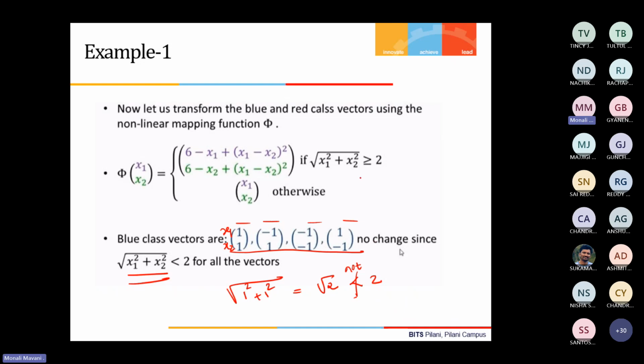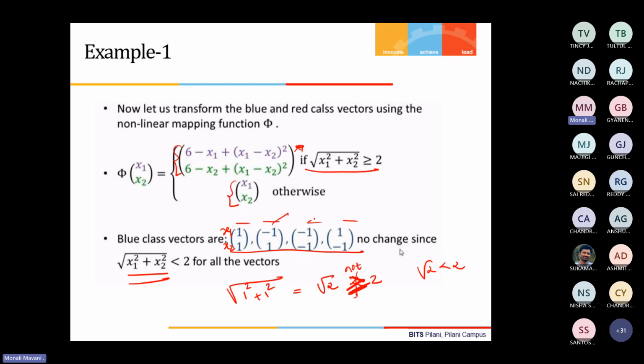This condition requires the value to be greater than or equal to 2, and root 2 is definitely not greater than or equal to 2. Root 2 is less than 2. So this condition doesn't get satisfied. If this condition doesn't get satisfied, we are not transforming x1 and x2. We are retaining them as they are.